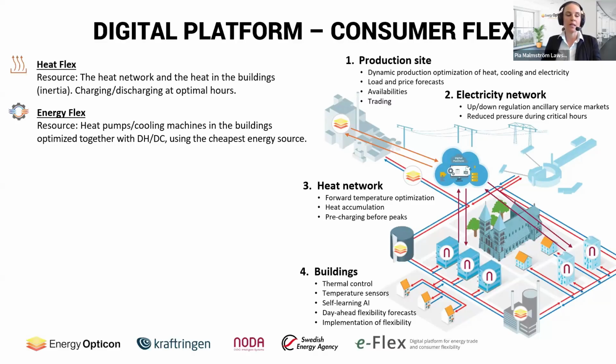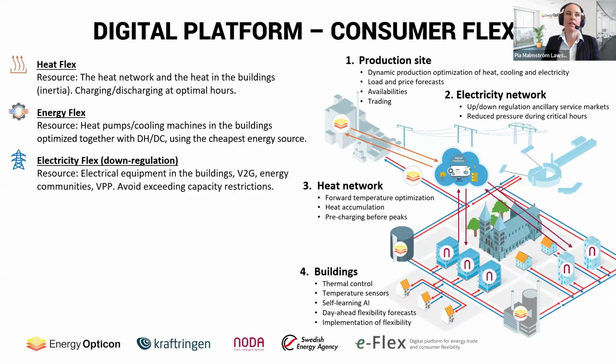So this is a collaboration, which means that the building with a heat pump is not only using the energy company as a peak load, which in some cases became a sub-optimization in the energy system. And then you also had the electricity flex, mostly down regulation.